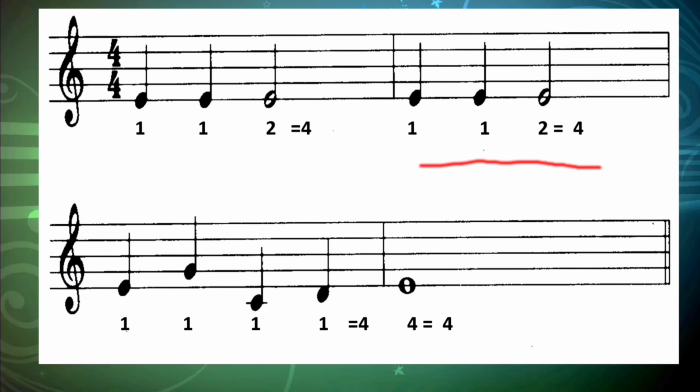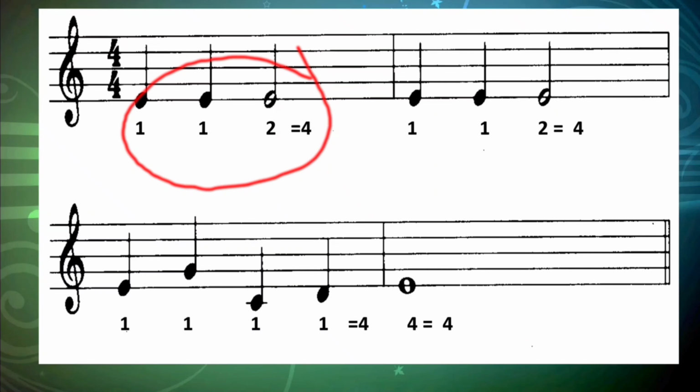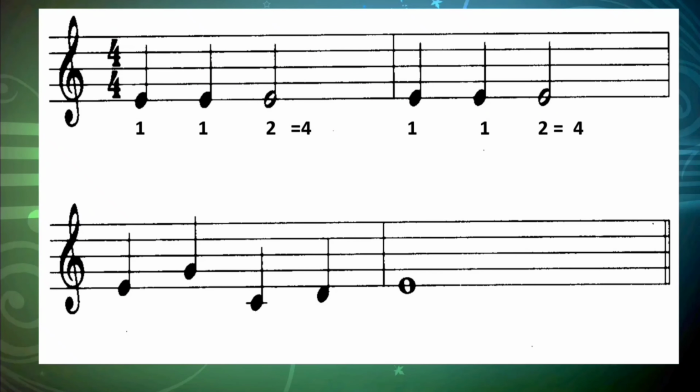We have 1, 2, 3, and 4. So therefore, we have 4 measures. In every measure, we have 4 beats. In the first measure, we have 2 quarter notes and 1 half note. Every quarter note receives 1 beat and a half note receives 2 beats. So there are 4 beats.